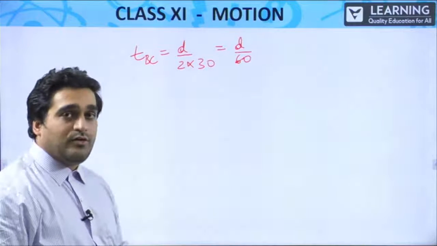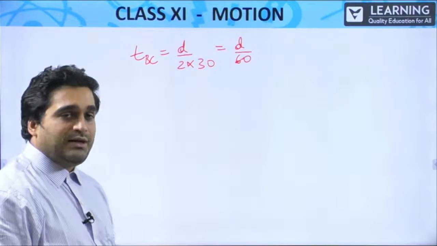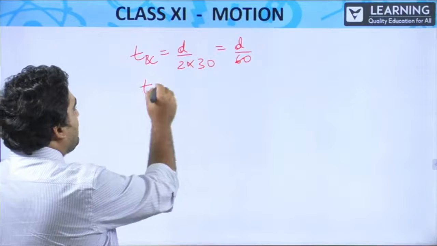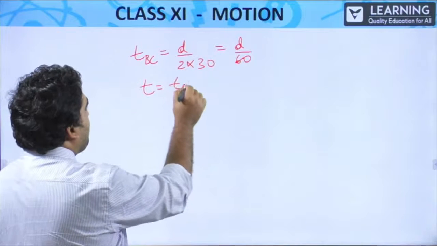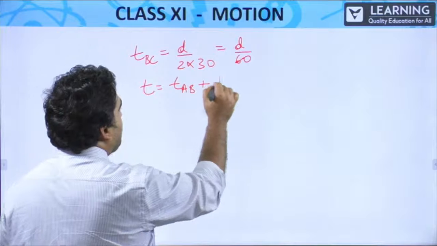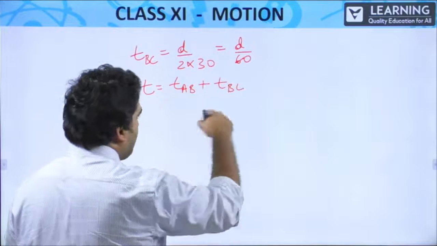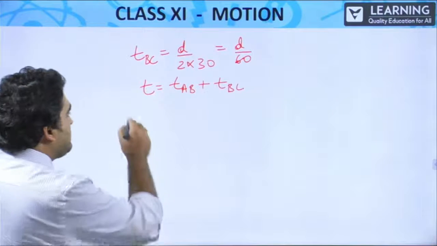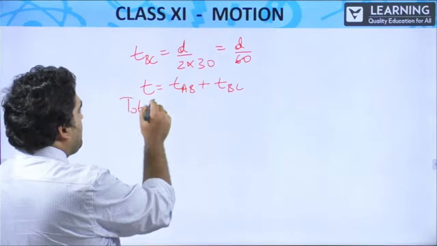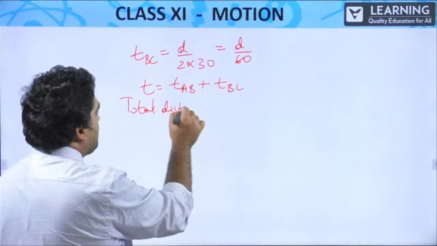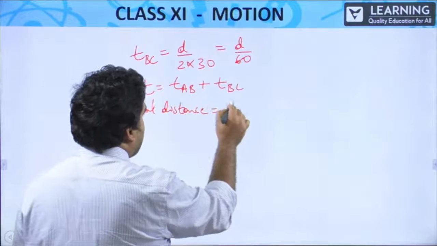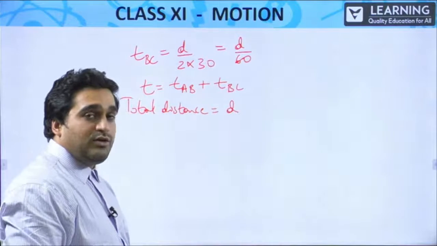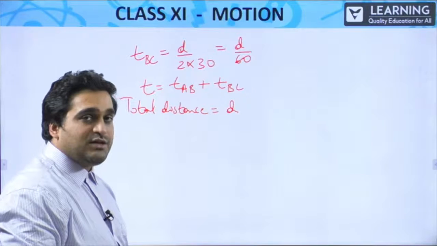So can you guess what will be the total time taken? Total time taken is time taken from A to B plus time taken from B to C. What is the total distance? Total distance is equal to D. And what is the definition for average velocity?